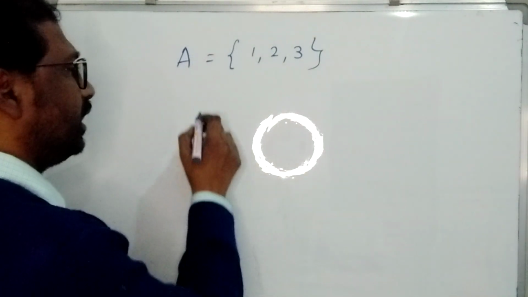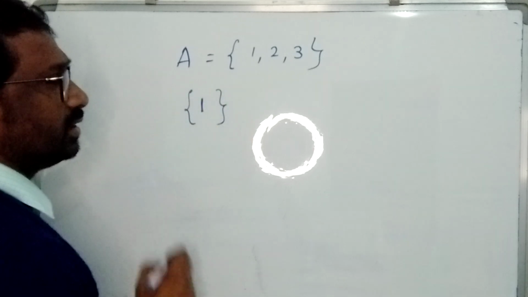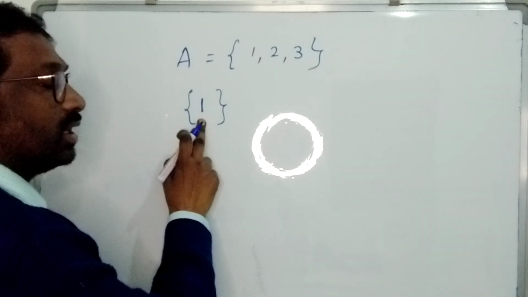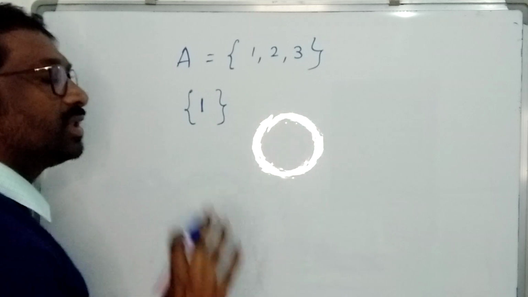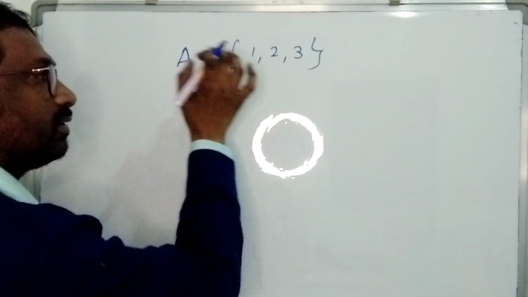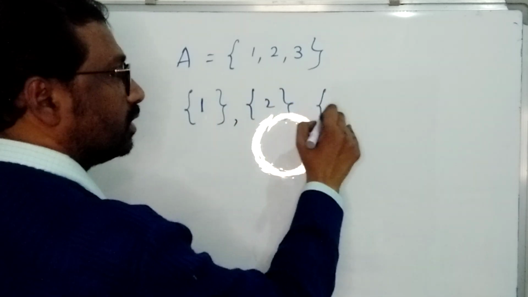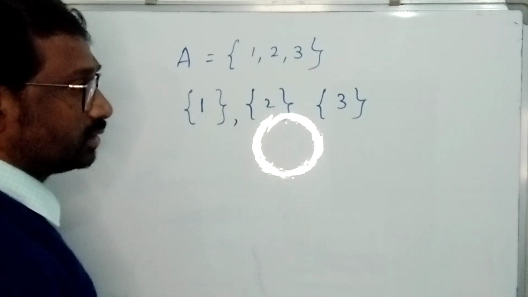First, take every element and write the set symbol, then you get a subset. Because set of 1 is a one-element set. So set of 1 is a subset of A. Set of 2 is also a subset of A. Set of 3.